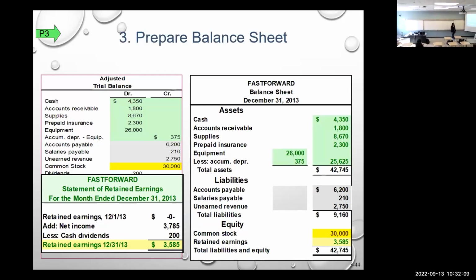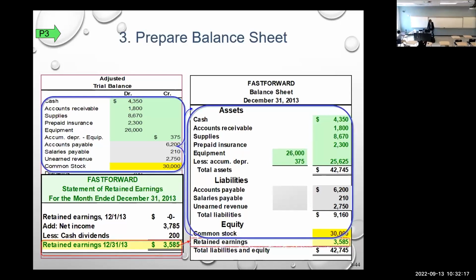You need the ending retained earnings to put onto the balance sheet, and then you'll just take the numbers off the adjusted trial balance and transpose them right onto your balance sheet. Questions? No questions?